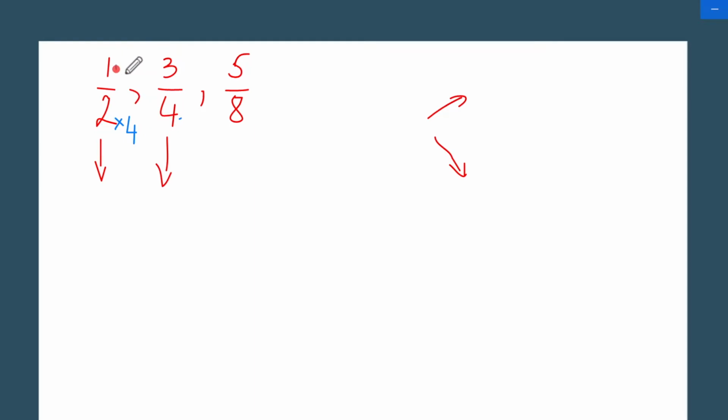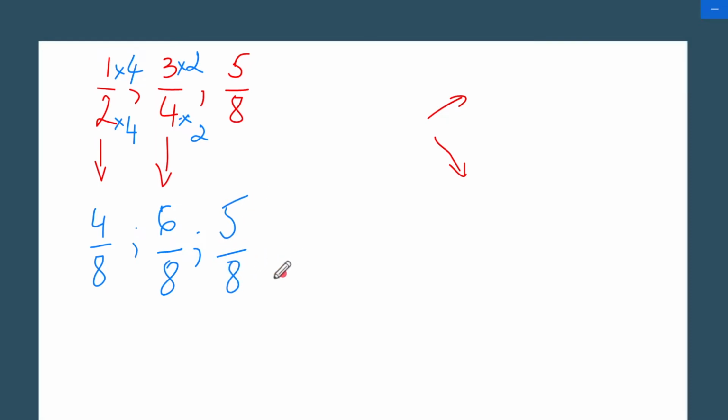We multiply this by 4. Okay, 2 times what gives you 8? 4. 4 times what gives you 8? 2. So we write the new fractions: 4 over 8, 6 over 8, and 5 over 8.